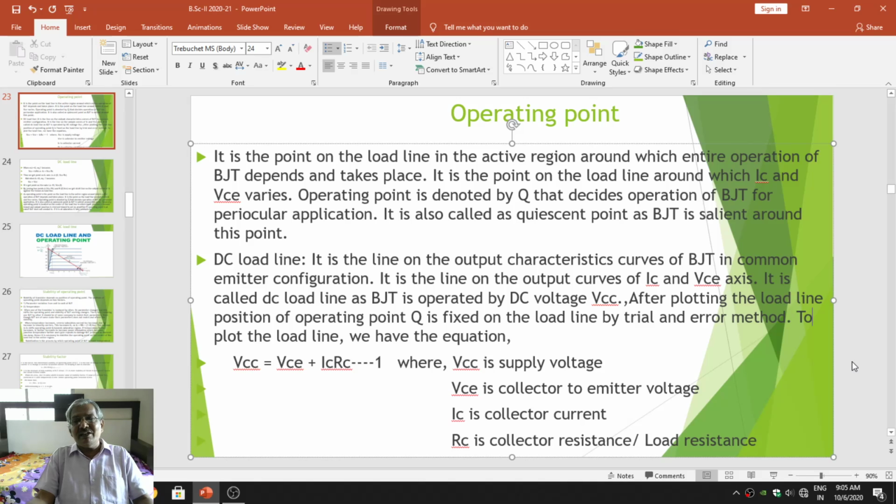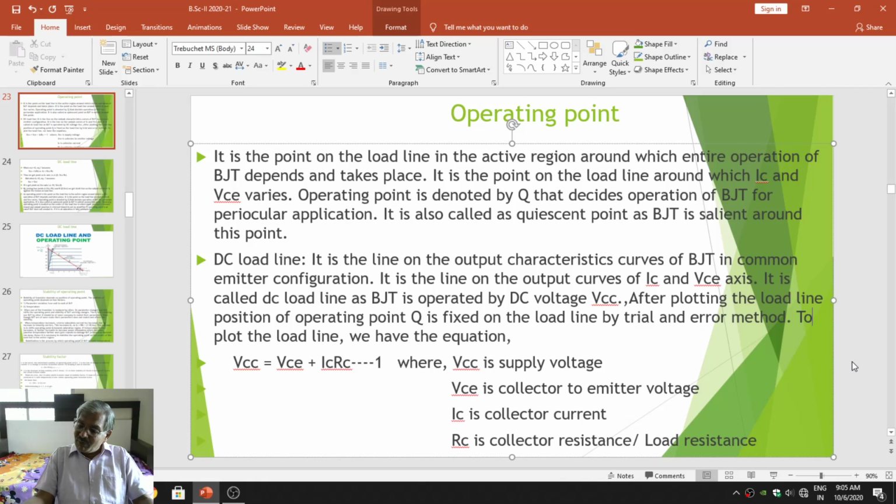and we are aware that biasing is going to depend upon the location of the operating point in a respective region, and that is going to depend upon the aspect of stabilization.